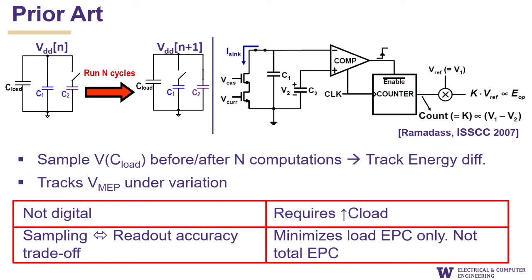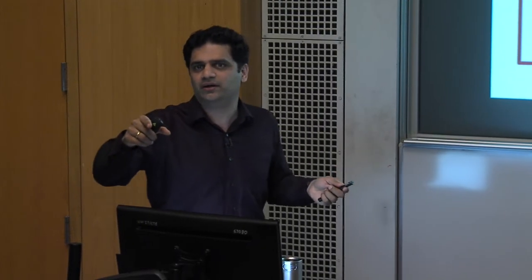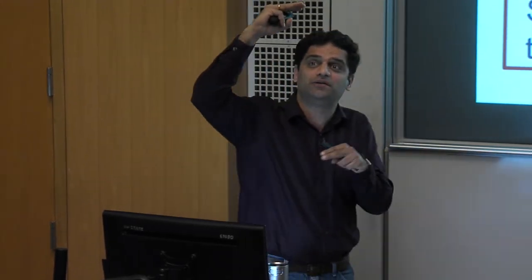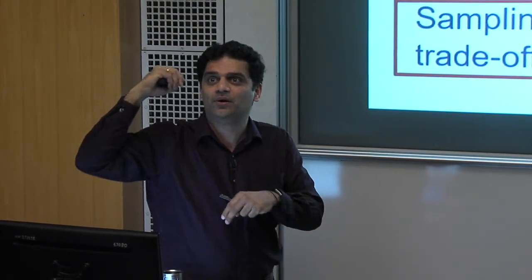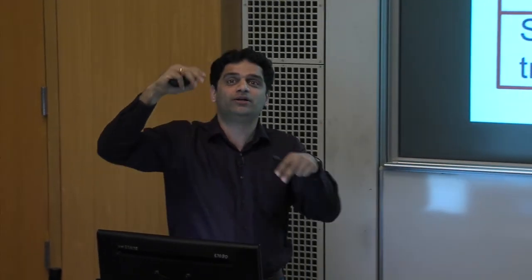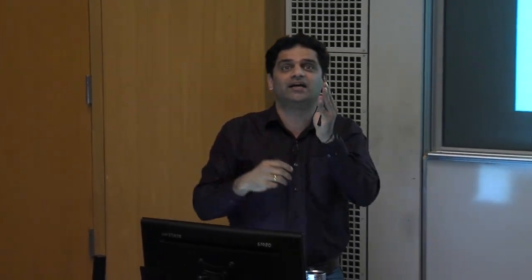Well, limitation, not problem. In other words, if you put a huge capacitor, there will hardly be any change in voltage, and you need to be very accurate in measuring the voltage change. If you have a small capacitor, you'll have a huge change in voltage, which you can easily detect. But now, you're really not taking a snapshot of energy at a given voltage point. It's over an entire duration. And you can't just take the average, because that's not how leakage works, right?